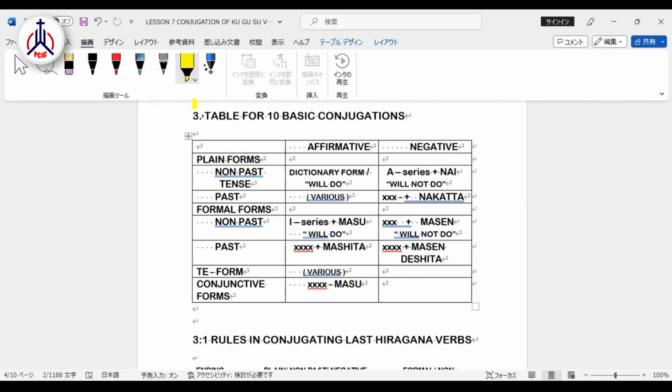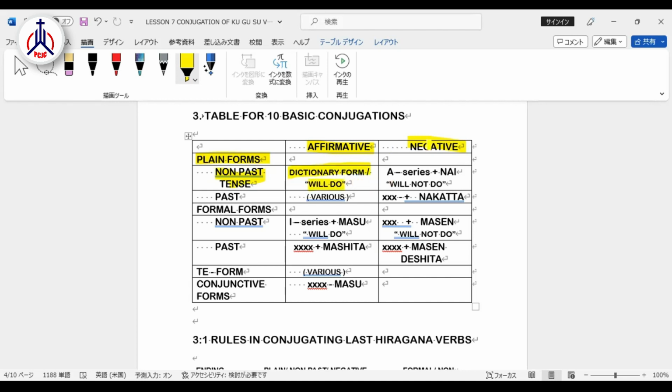We have the plain form in affirmative, which is, in other words, the positive, and then this is the negative. Also, we have the non-past, or in other words, the present tense. And again, just like the ru-dropping verb, we have the dictionary form of the verb, which means will do. The same as the ru-dropping verb.